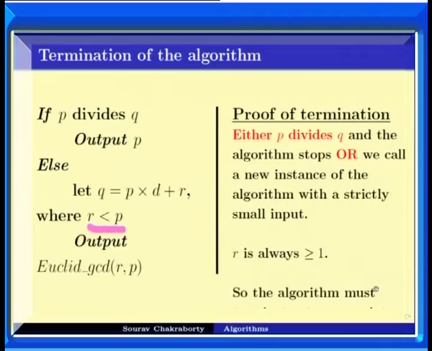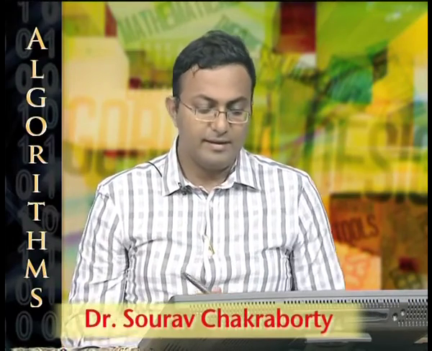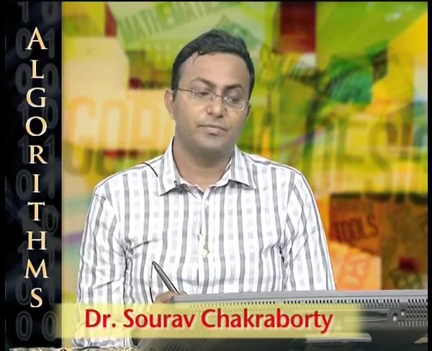And thus the algorithm must terminate at some point. Here we are using a number that is slowly going down by a non-zero amount every time. The strictness says it cannot go down infinitely often, because there is a lower bound, which is that R must always be greater than or equal to 1. So it must terminate at some point. This proves that this algorithm terminates.